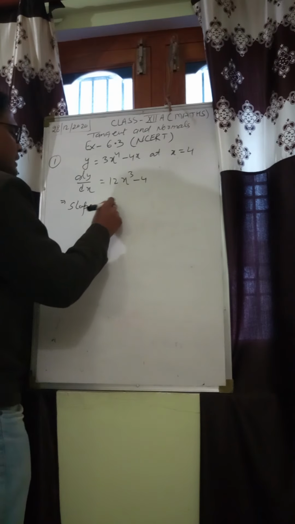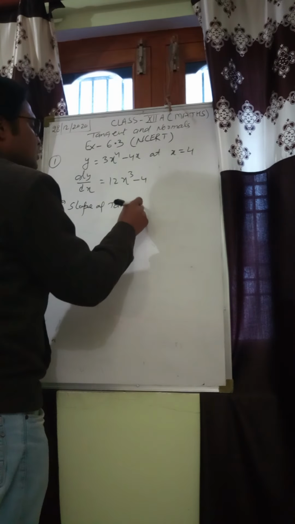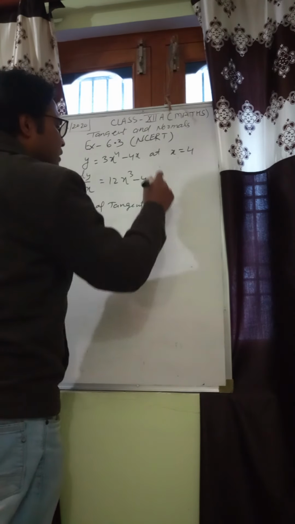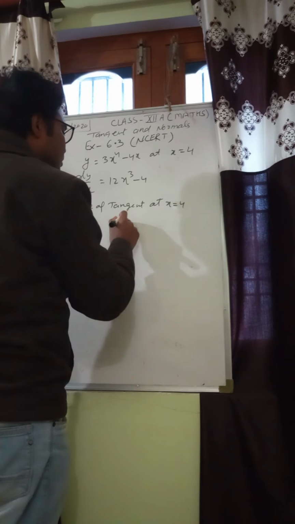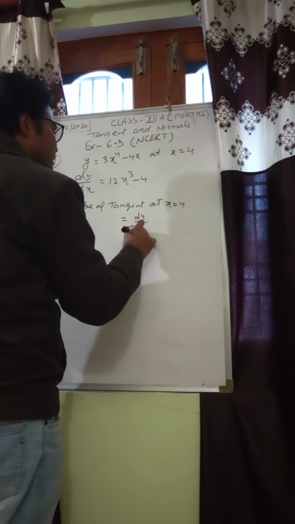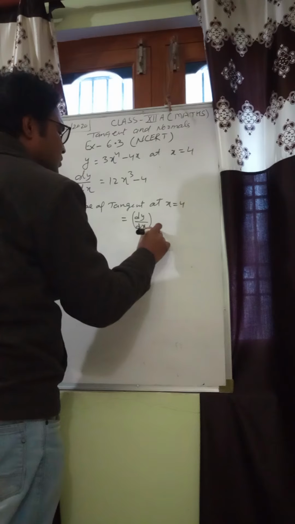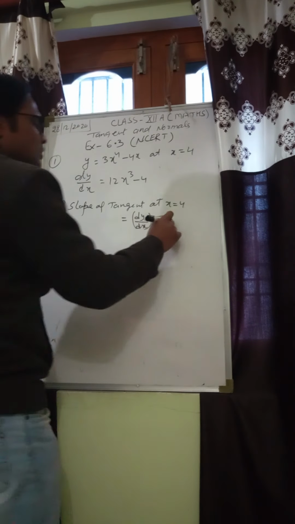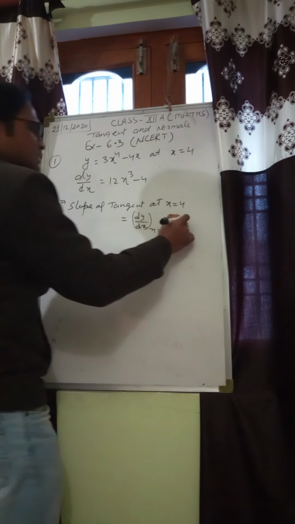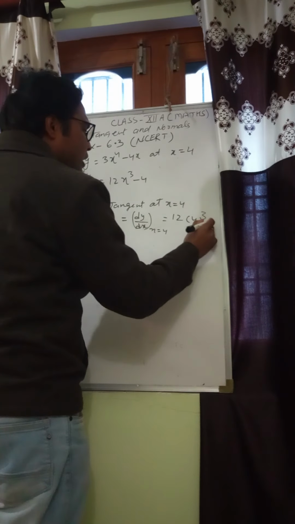The slope of tangent to this curve at the point x is equal to 4 will be given by dy by dx at x is equal to 4, that is 12, replace this x by 4, cube, minus 4.